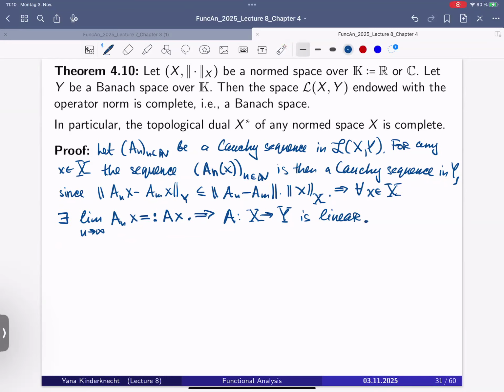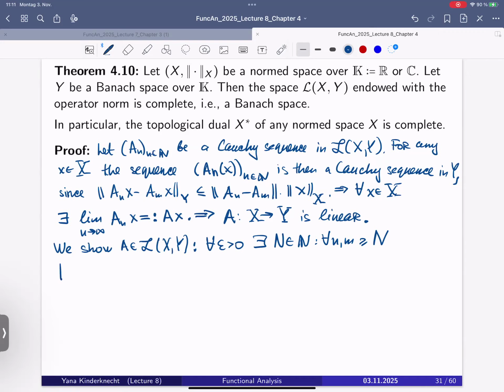Now we show that this operator A is not only a linear mapping, but also a bounded, or continuous, mapping. So we show that A belongs to this space. How do we show it? For any epsilon positive, there exists a natural number N such that for all n and m bigger or equal to this N, we use the triangle inequality for the operator norm.